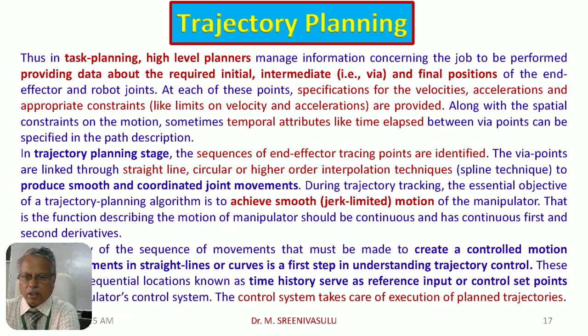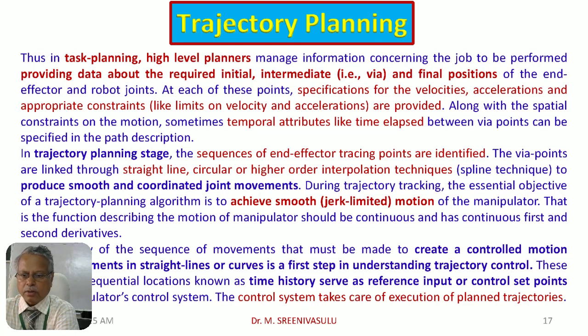And anyway, the total content here is about the via points. When you consider via points, that may demand a straight line path or circular path, or we may have to adopt higher order interpolation.